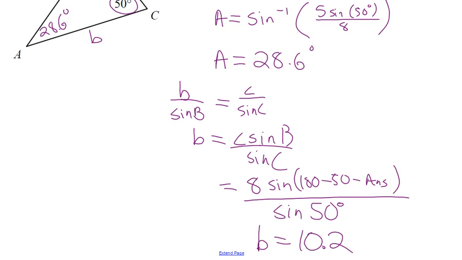Okay, so try this. Now what I want you to do is go 8 sine 101.4 divided by sine 50. You're probably going to get 10.2, but what do you get? Still get 10.2?